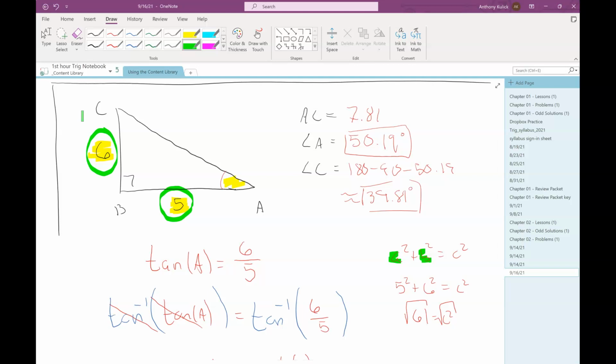But again, remember the hypotenuse has to be the C. It doesn't matter which leg is A and which leg is B. The hypotenuse must be the value for C. Is this kind of ringing some bells? Do one more? Okay.